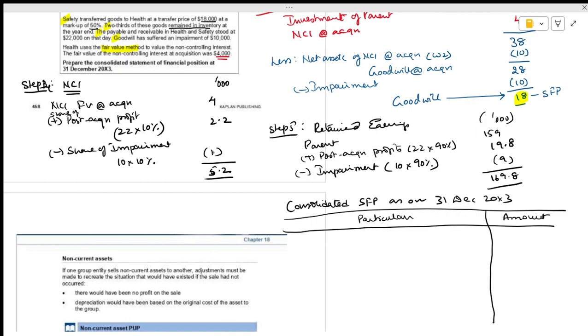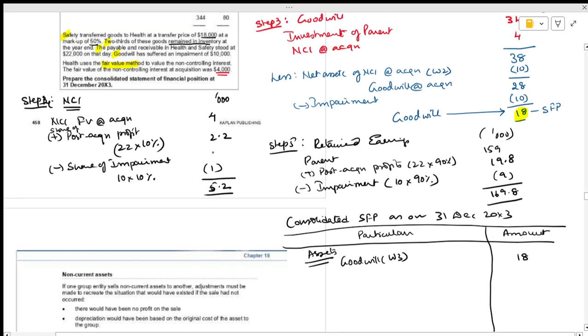First, what do you have to write? Non-current assets. First, you should write goodwill, working 3. How much is there? 18.